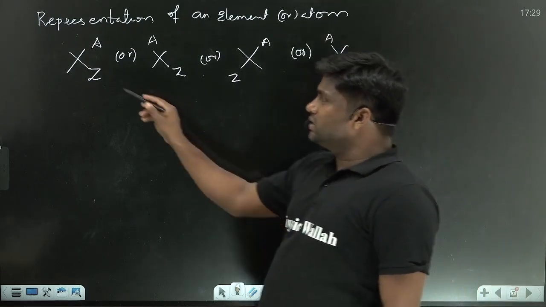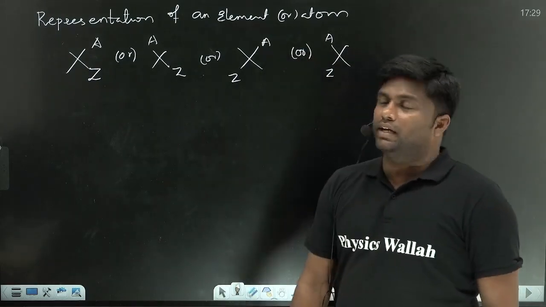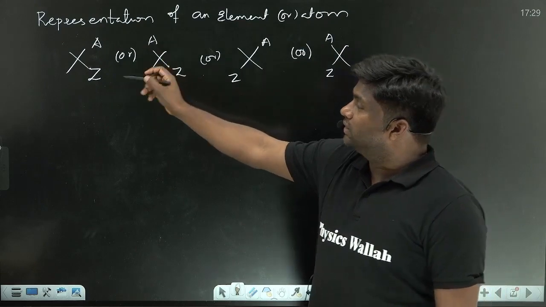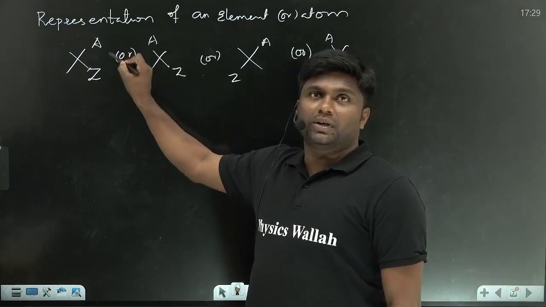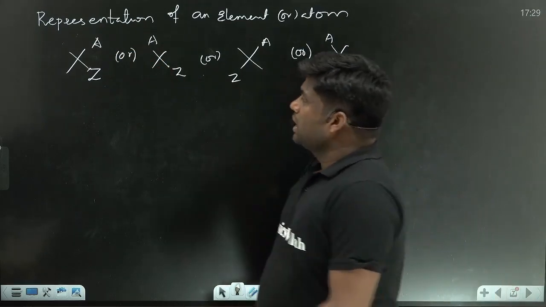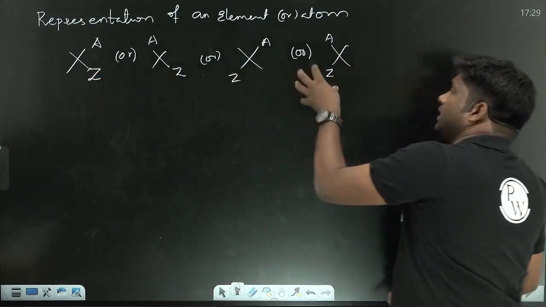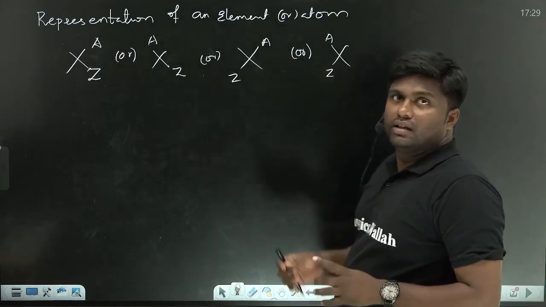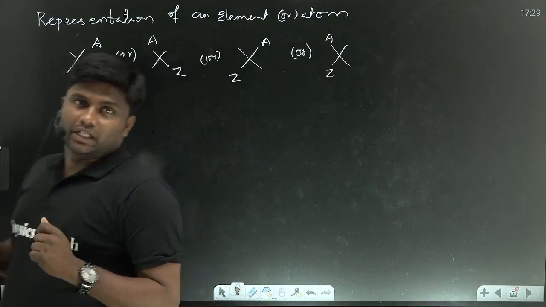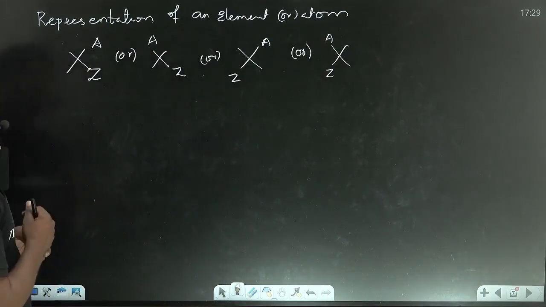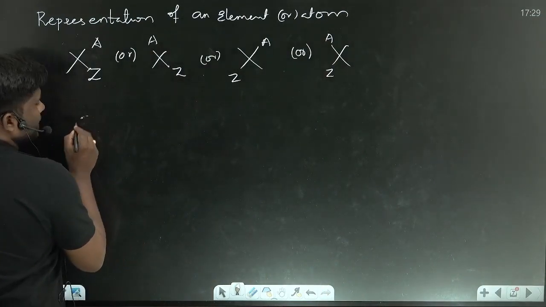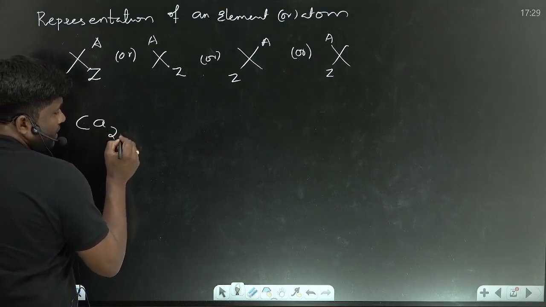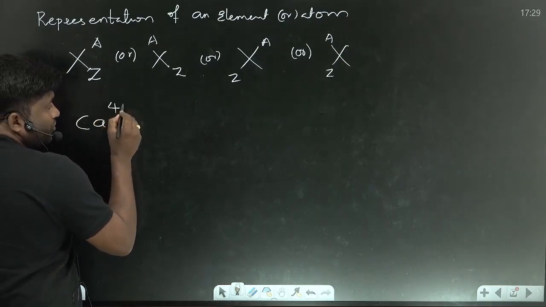So always the subscript is atomic number and superscript is mass number. Whenever we write, the atomic number is written below and the mass number above. Okay. Now for example, if you want to represent calcium, calcium atomic number is 20 and mass number is 40.